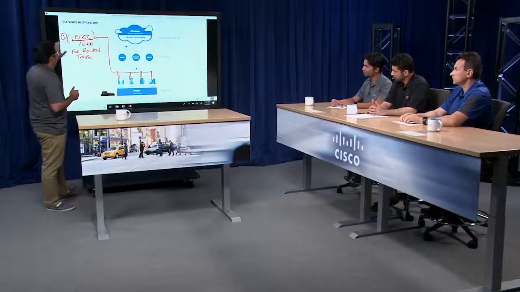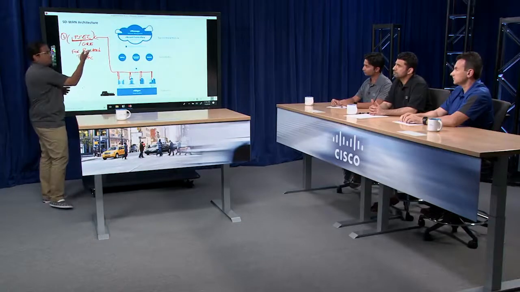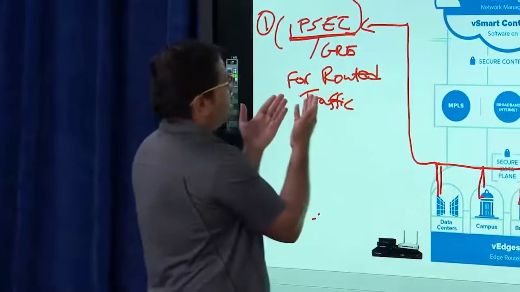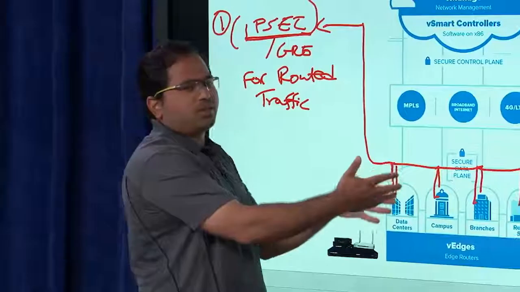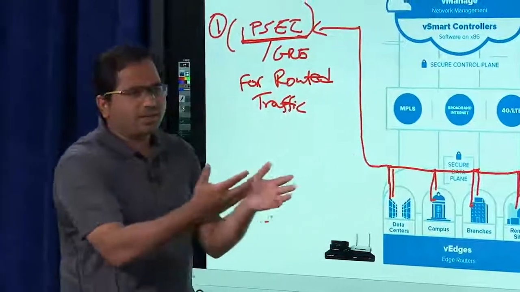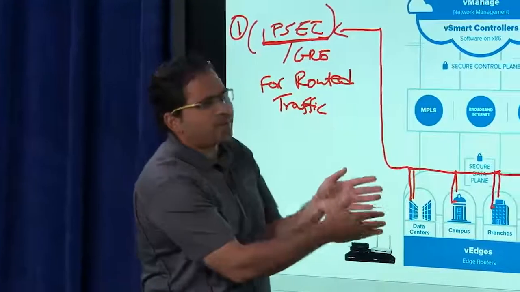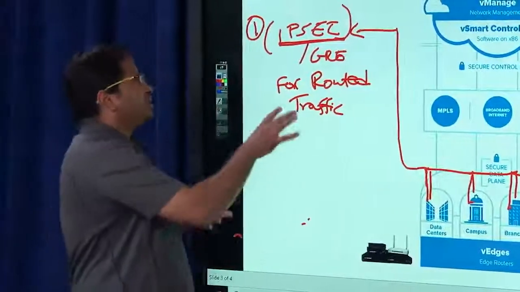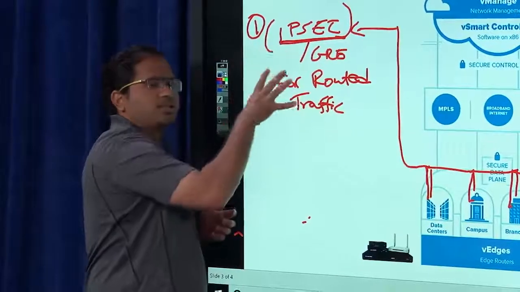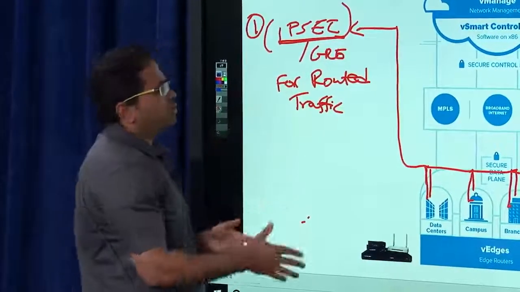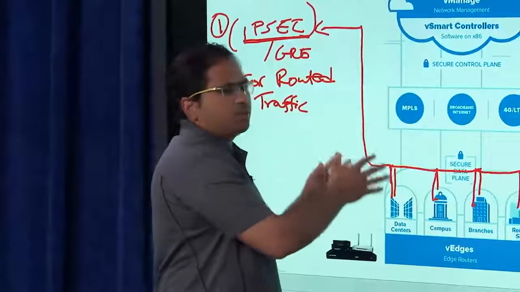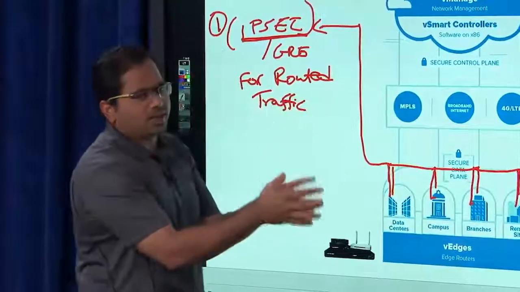Thanks, Ali. So essentially why we need a secure channel is because this routed traffic is running over an unsecure internet. If you have an MPLS line or a private network, you essentially could get past the security aspect of it, but now your data is going on an unsecure channel.